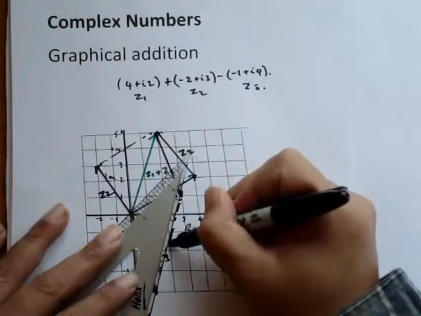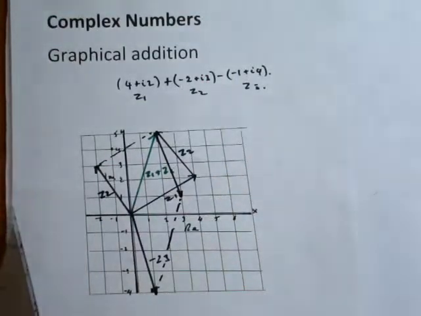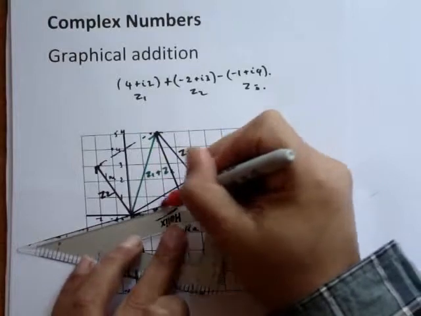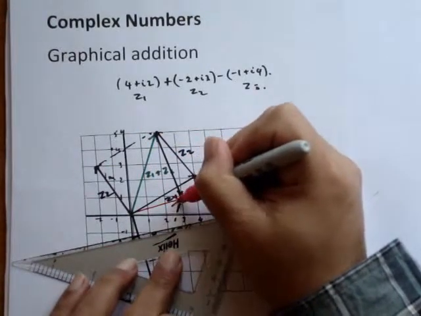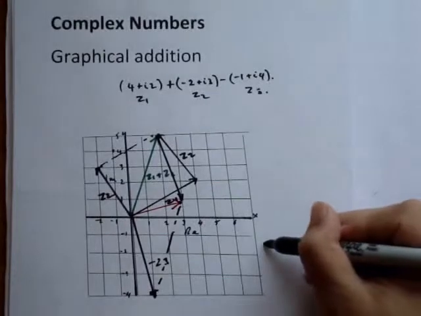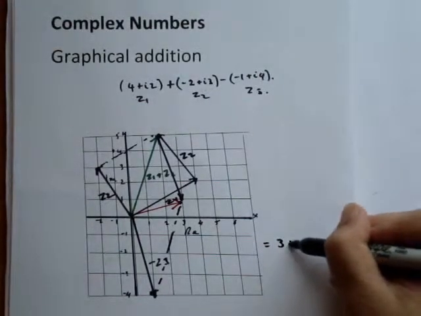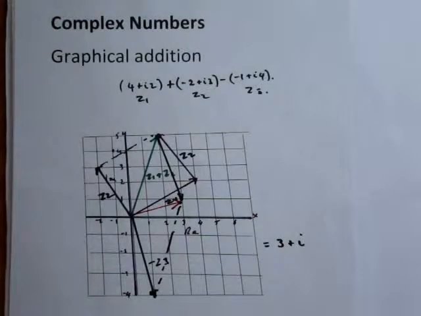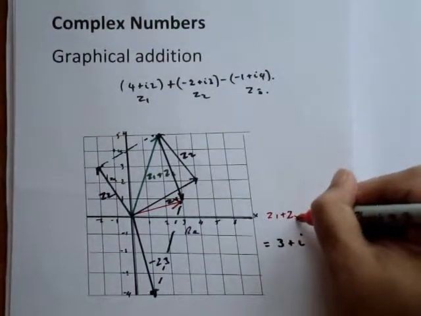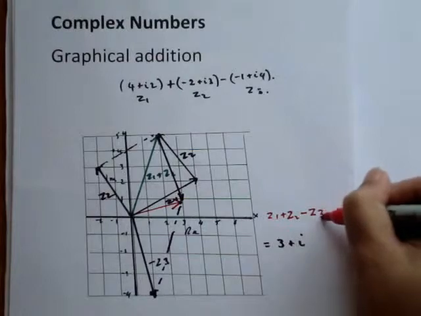So that's the other side of the parallelogram, and our resultant vector Z1 plus Z2 minus Z3 is shown in red. So the resultant vector equals 3 plus I, which is Z1 plus Z2 minus Z3.